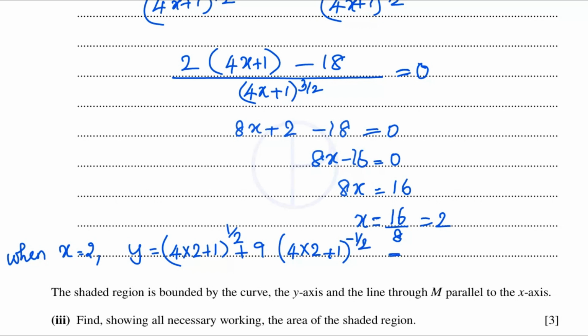And this is equal to 4 multiplied by 2 is 8 plus 1, 9. 9 power 1 over 2 is 3, plus 9 multiplied by, and this term within the bracket is 9. 9 power negative 1 over 2 is nothing but 1 over 3. Okay, this will be 3 plus 3, which is 6. So M is 2, 6.